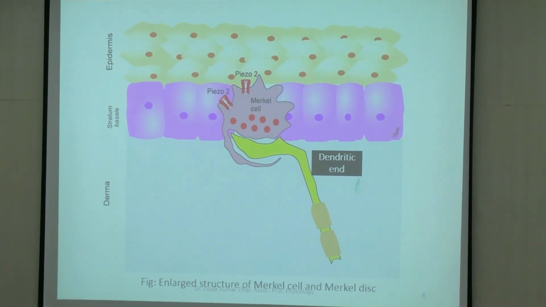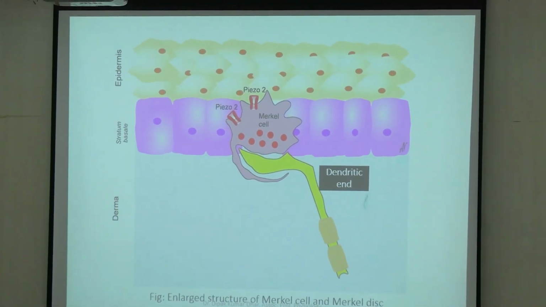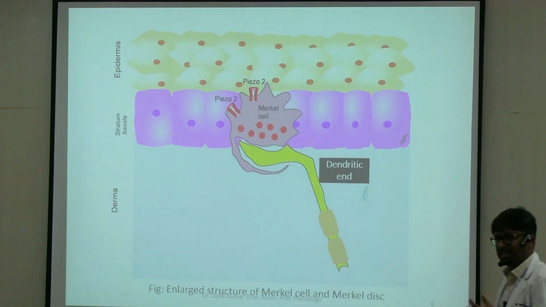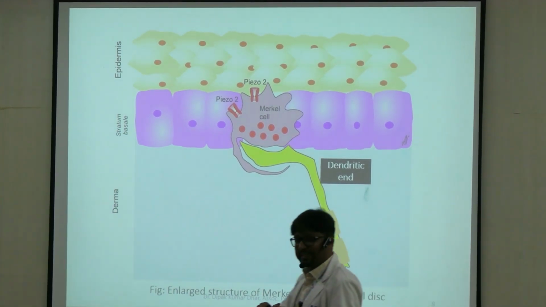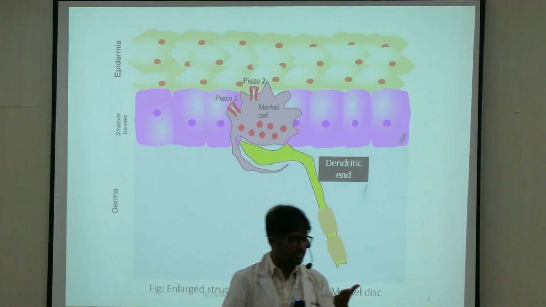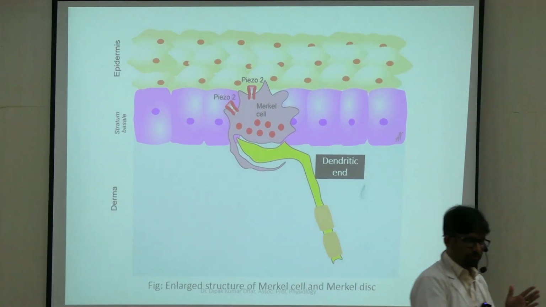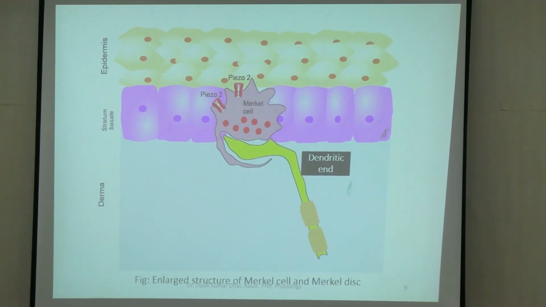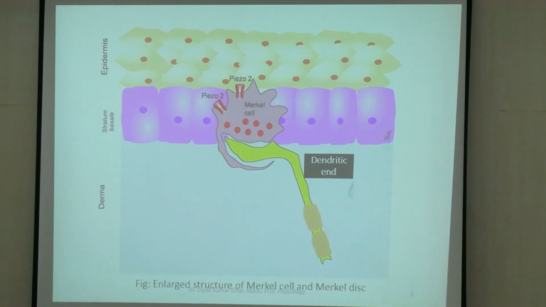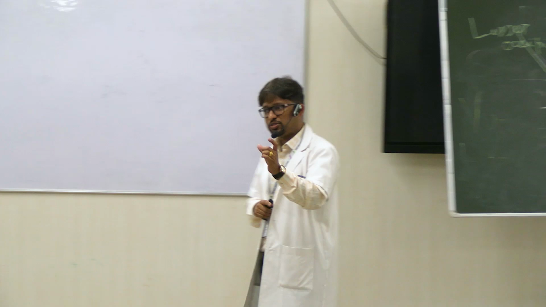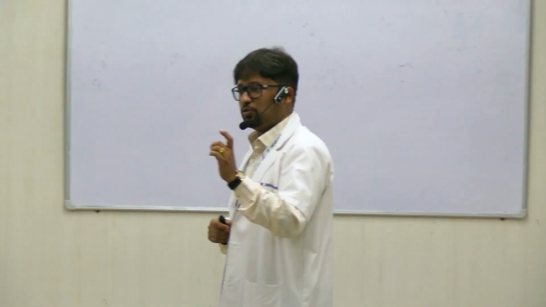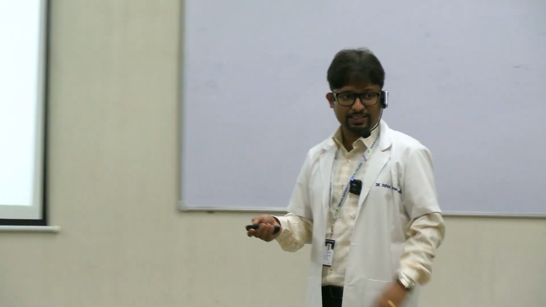So, an enlarged view of the Merkel cell and the Merkel disc. Now this receptor is actually present in clusters, right, on the center of the papillary ridges. So you can all see the papillary ridges on your skin. These receptors are located as clusters in the center of the papillary ridges. So these are called Dome Receptors. This name also you might come across in your books. So these are clusters of Merkel discs.